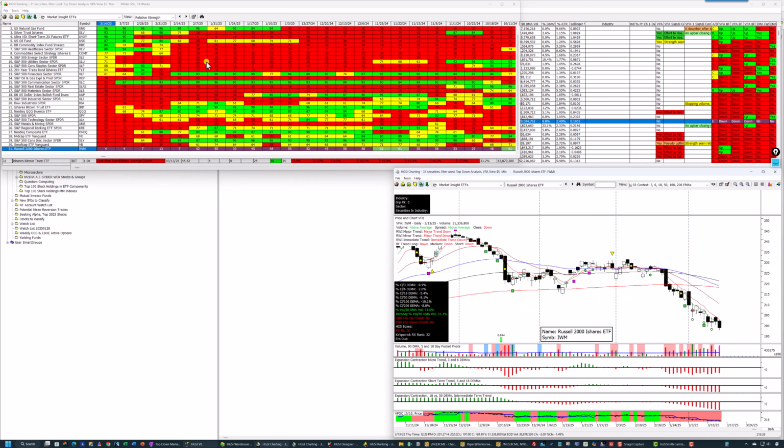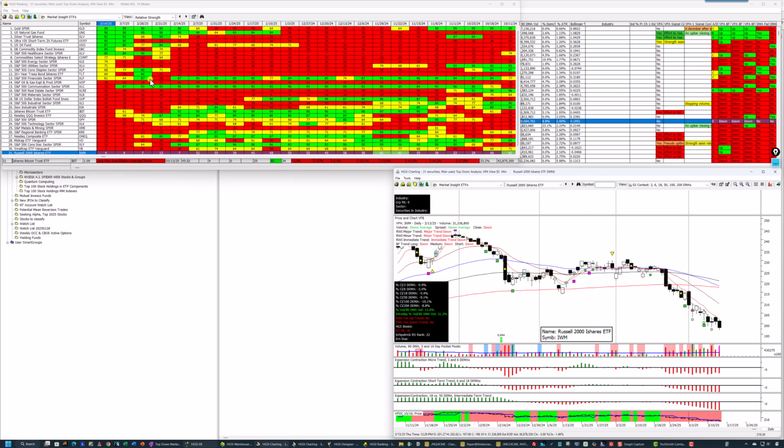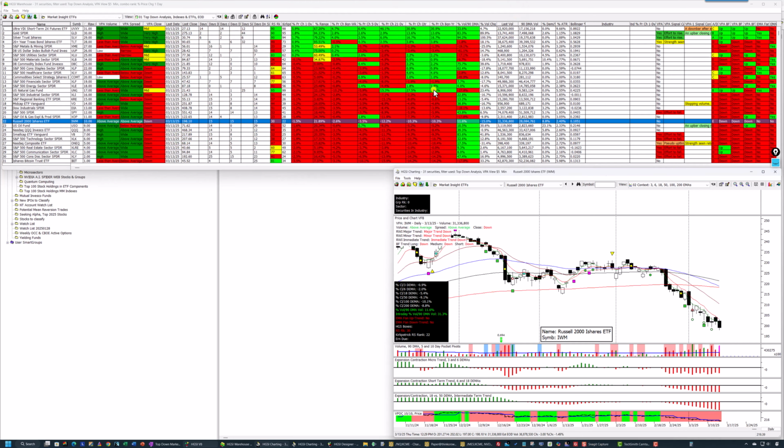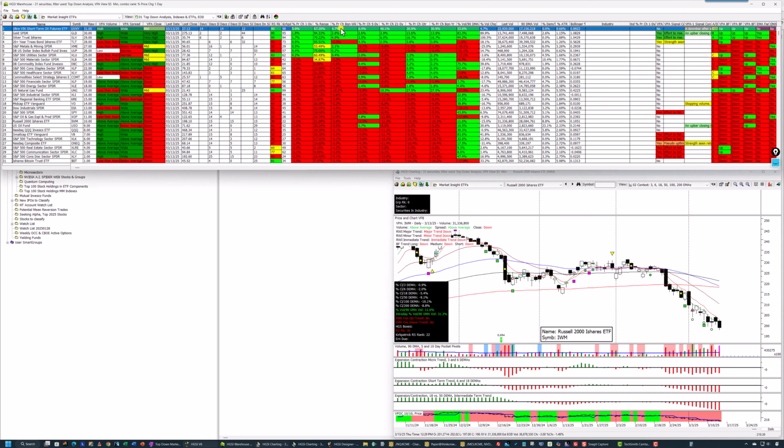So this just gives me a quick reading about strength and weakness. Remember, it's only the ETFs or stocks that are contained within a folder, or when you have a filter applied.